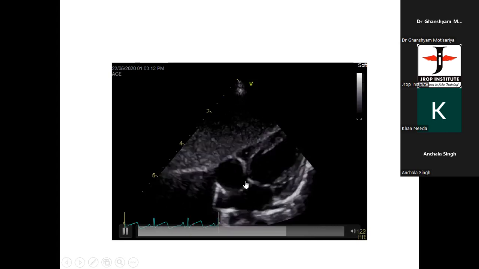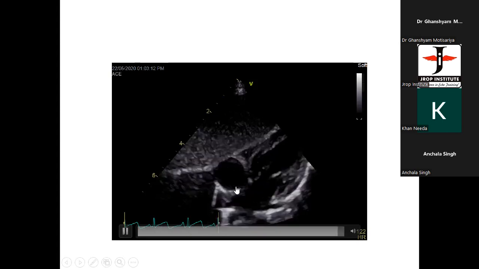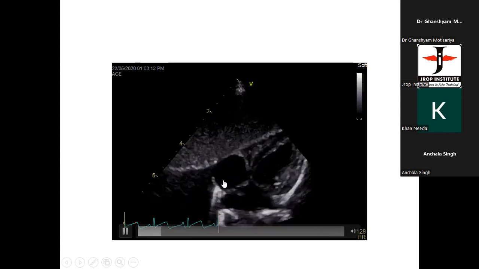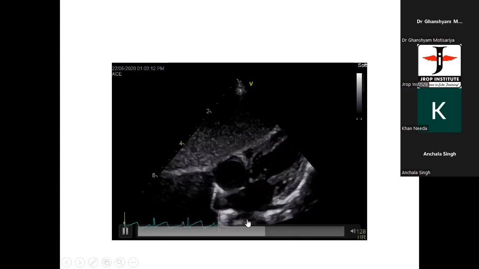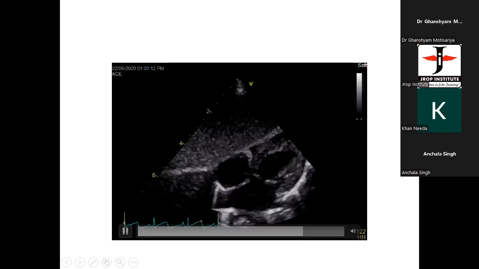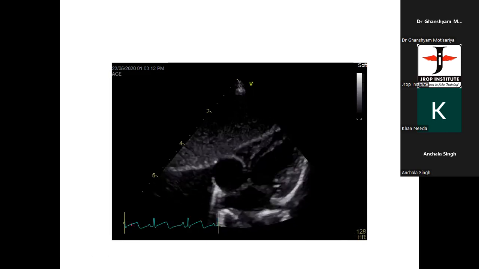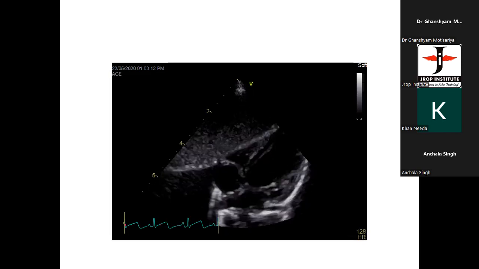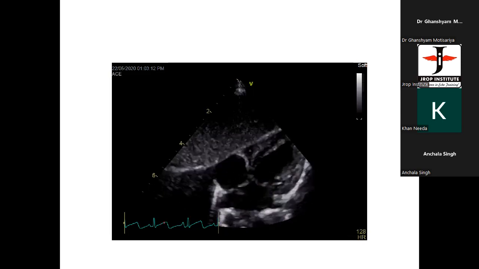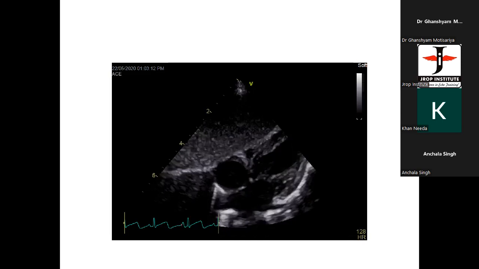So in this sense, we say that the drainage of IVC and SVC in morphological RA, and the presence of pulmonic veins and the presence of LA appendage in the left atrium justify them as the morphological RA and LA. Is that okay? Yes, sir. Thank you.